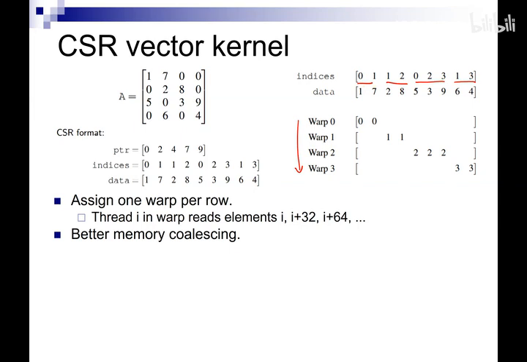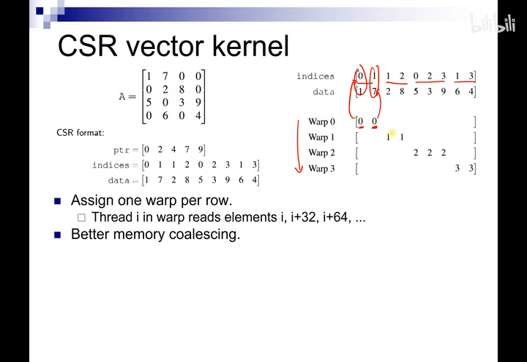Since you're assigning an entire warp to process this row, here this is the first thread in warp 0, and this is the second thread in warp 0. You see that these guys are accessing consecutive memory locations in indices and data. This guy is going to read these two things, and this guy is going to read these two things, and these data locations are consecutive.